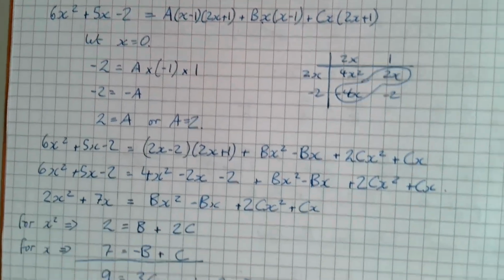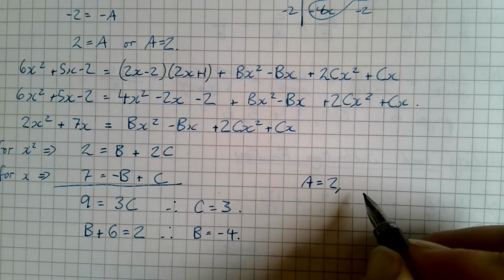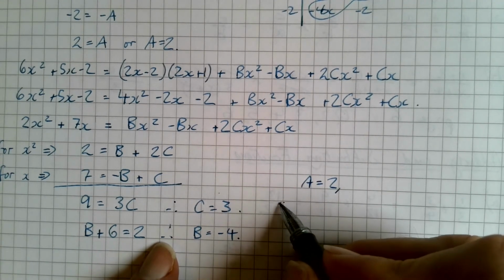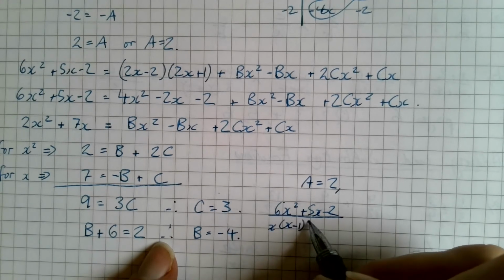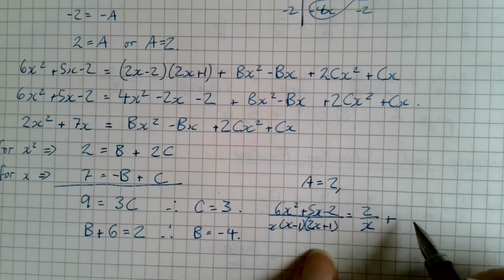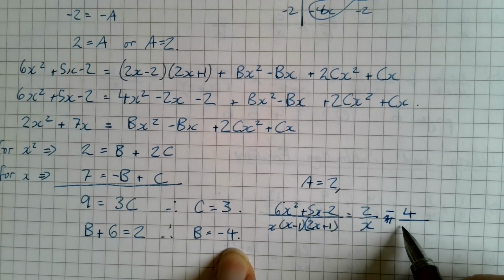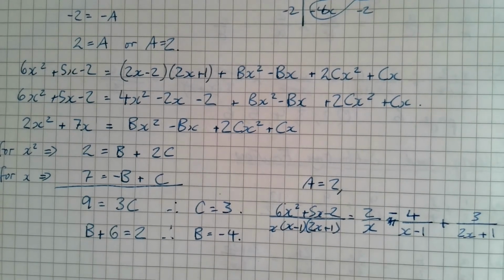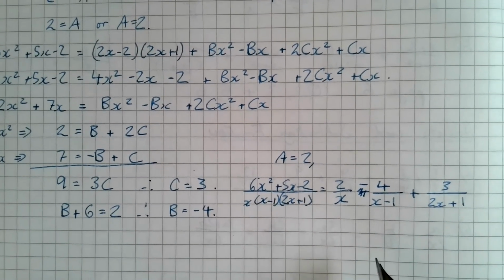So we've got a is equal to 2, and we've got the b and the c there, so we can say that the whole thing of 6x squared plus 5x take 2 all over x, x take 1, 2x plus 1 is 2 over x plus b, which is minus 4, that's rather annoying, I should just say take 4, shouldn't I, over x minus 1, and then it's plus 3 over the 2x plus 1, and I got all of that from back here right at the very beginning where they put it in the question.